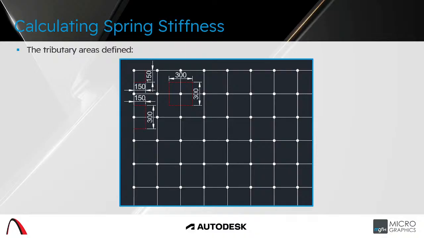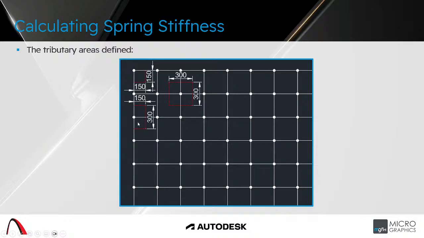Spring type 1 will be the inner coordinate, which will be 300 by 300 for the area. And then the second one will be our corner nodes, where the area for that specific corner node will be 1/4 of this inner coordinate.